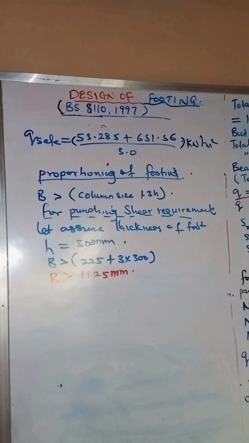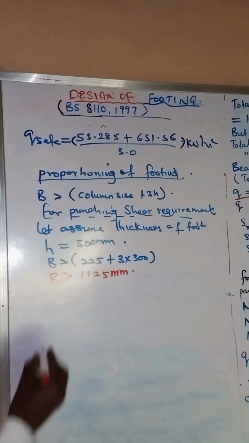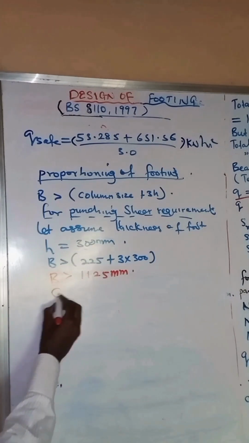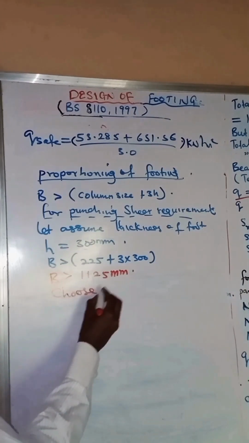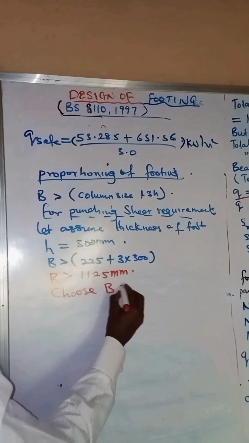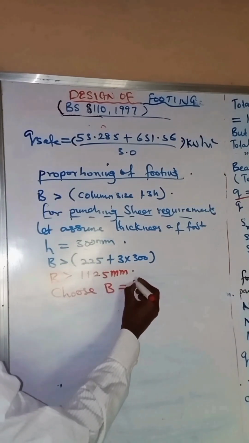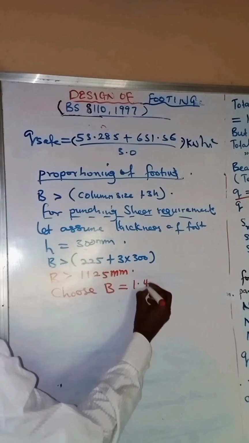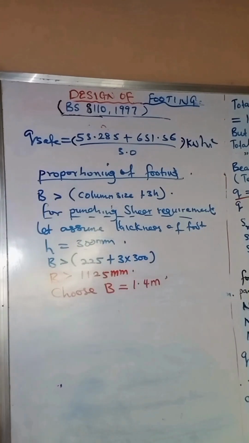So now, having gotten this value, we are going to choose a value for our breadth. We say choose B to be equal to 1.4 meters. So I will choose my B to be 1.4 meters.